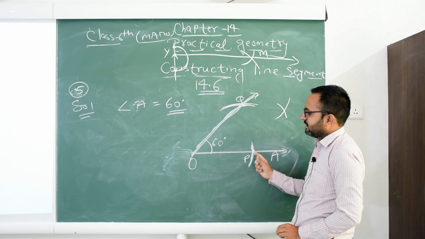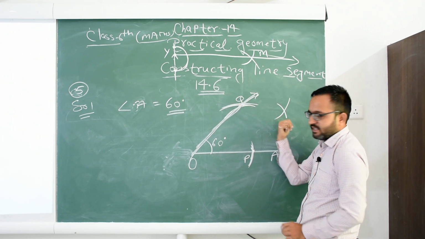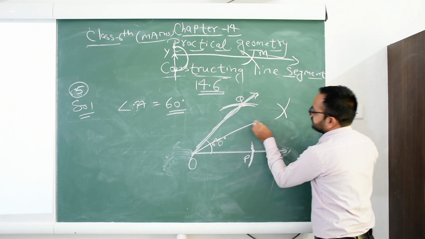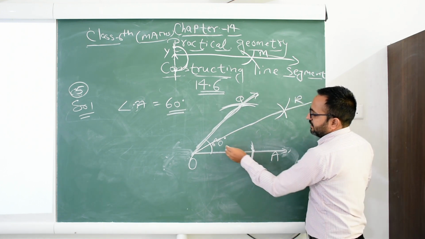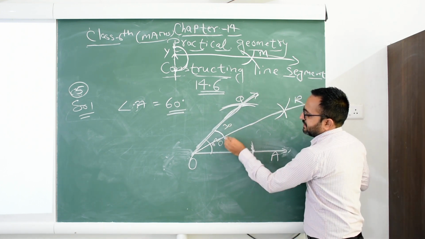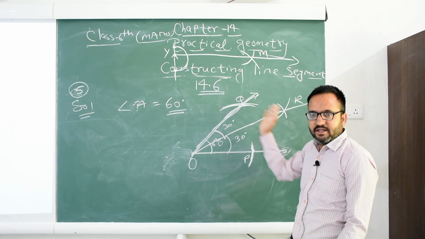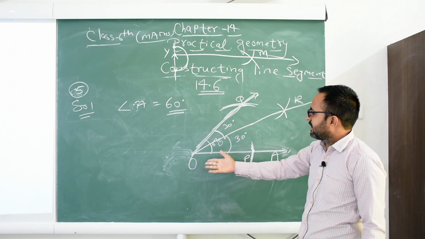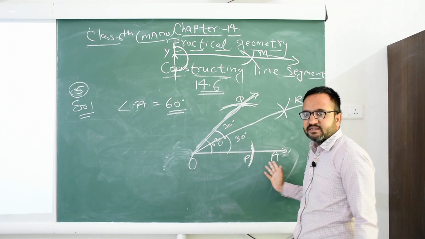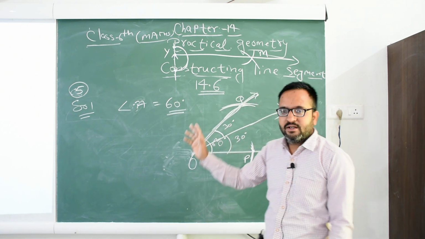Now join, and the required measure is 30 degrees and 30 degrees. So OR is the bisector of angle 60. So this is your solution of question number 5.